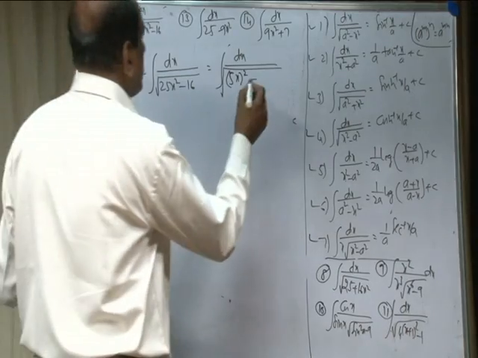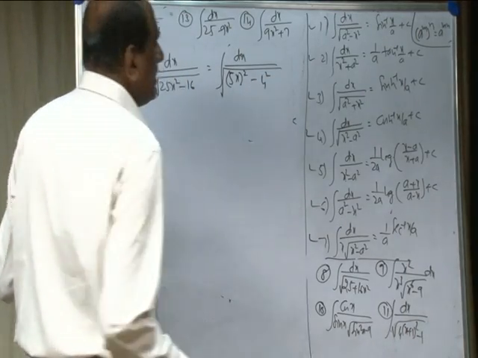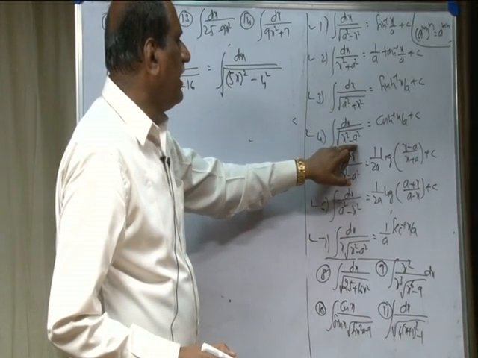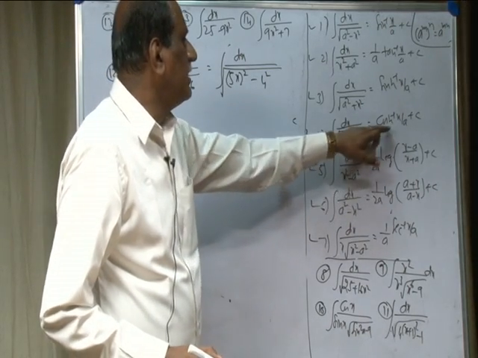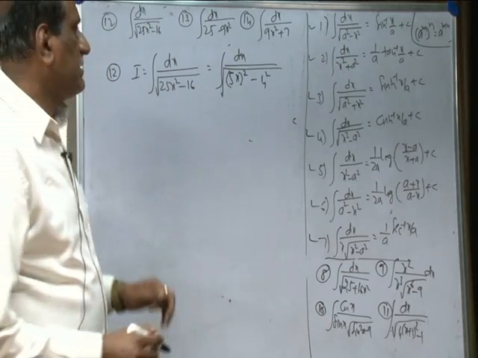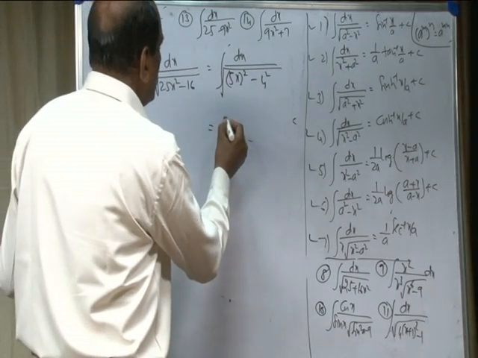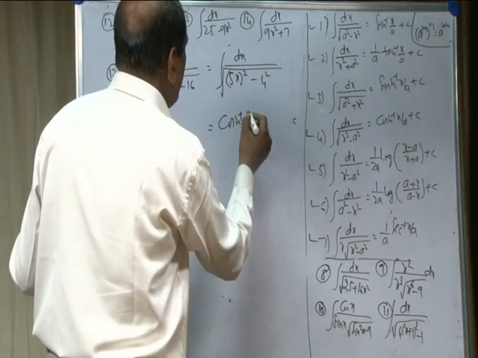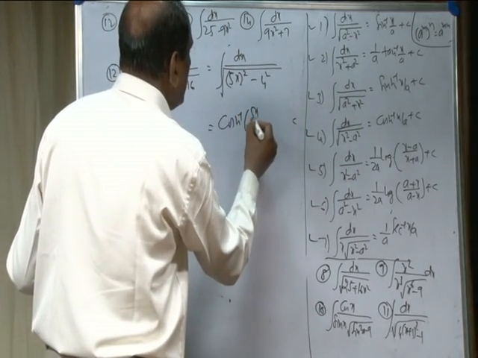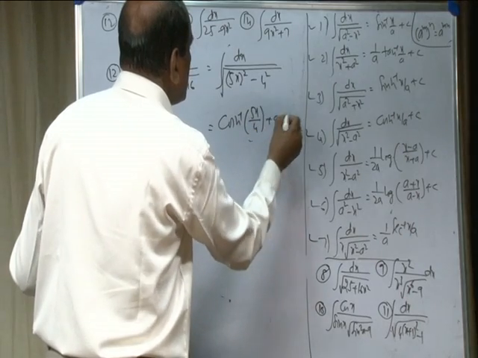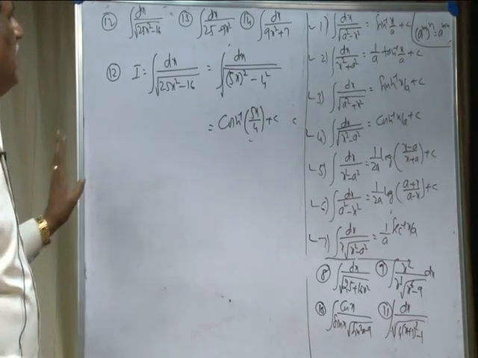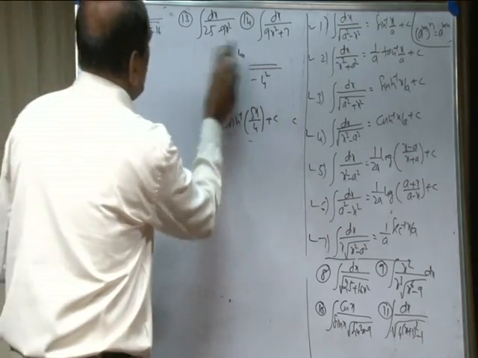That is 4 square, which is 16. This is also of type 4, dx by root of x square minus a square, equal to cos h inverse x by a. So, it is cos h inverse of 5x by 4, x is 5x, a is 4, so plus c, constant of integration. So, that is the 4th standard result. So, 2 more problems are here.